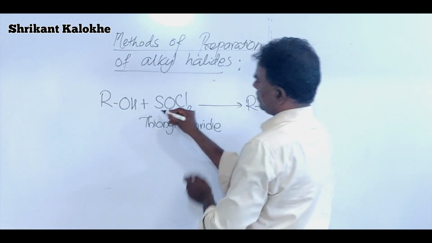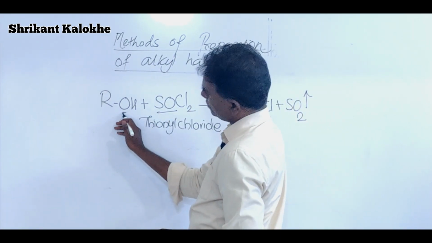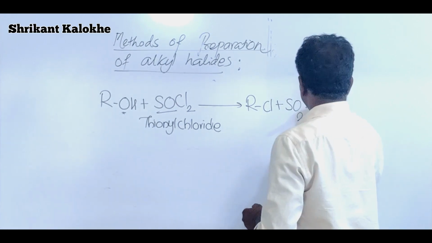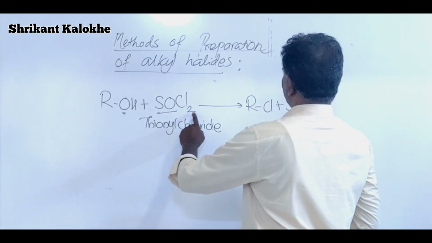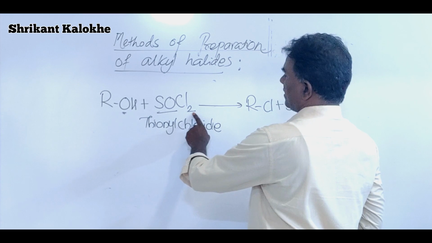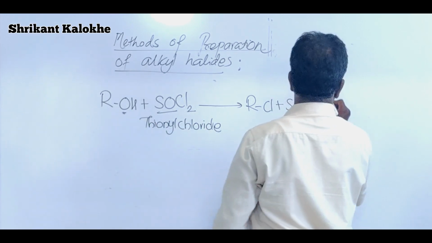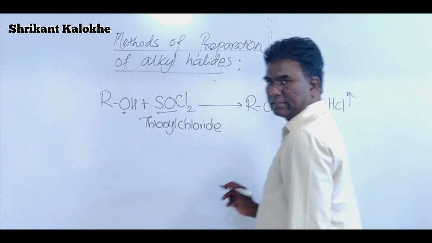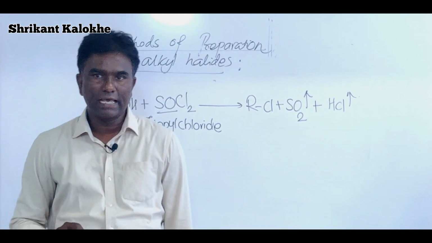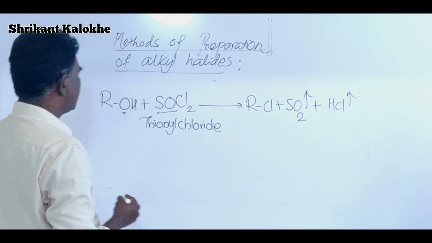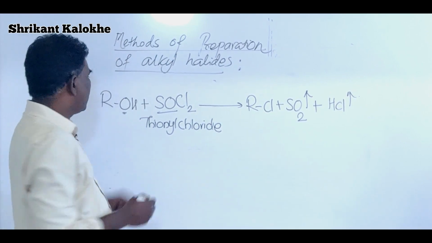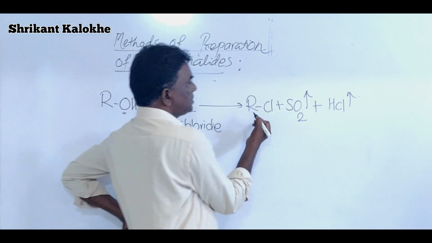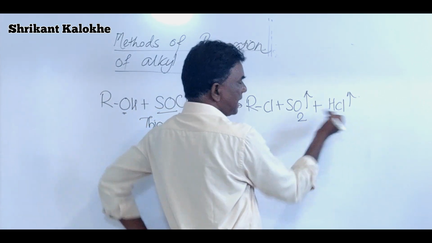This SO and this oxygen combine with each other to form SO2, and the one chlorine which remains here, that 1 chlorine and 1 hydrogen, form 1 molecule of HCl gas that is evolved during this reaction. This means when alcohol reacts with thionyl chloride, it gives alkyl chloride, sulfur dioxide and HCl.